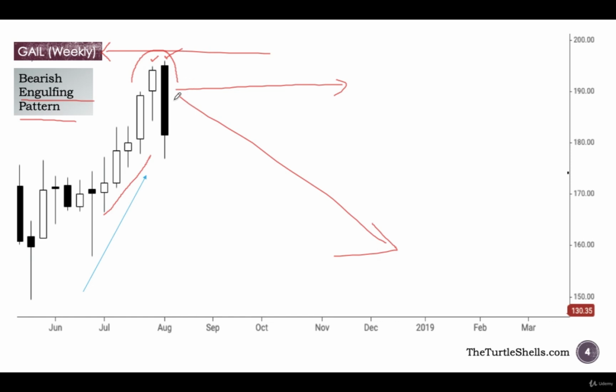So this is the second of the 4 bearish patterns, and this is the second most powerful of all the bearish patterns, because I think the evening star is more powerful than the bearish engulfing pattern. So that's the bearish engulfing pattern, where the black real body completely engulfs the prior white real body.